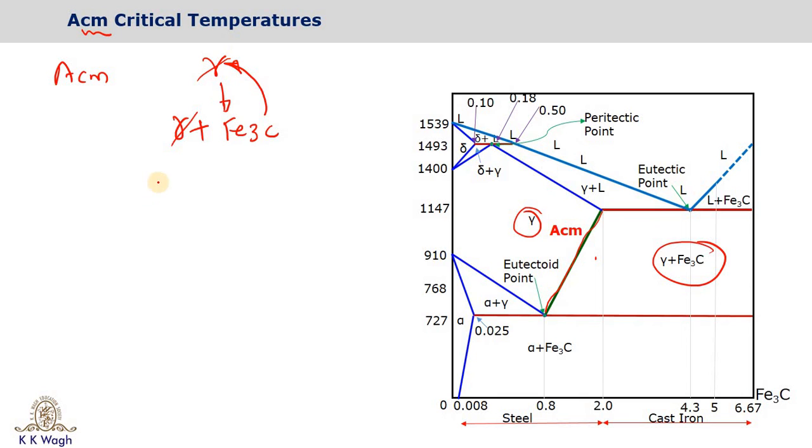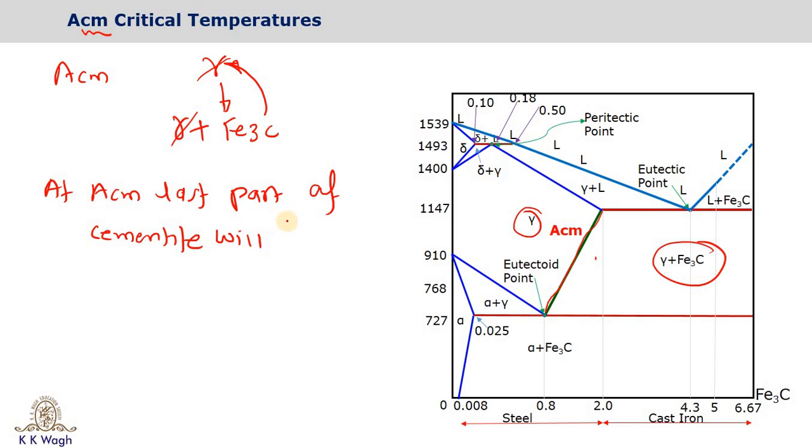And that's why we can write: at ACM, the last part of cementite will dissolve to form austenite.